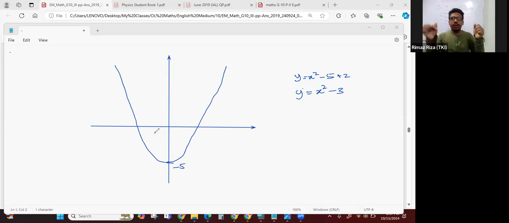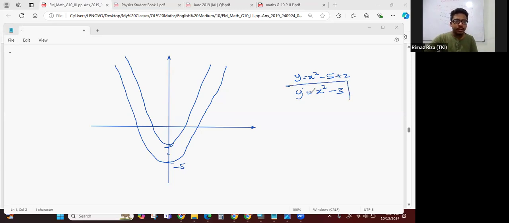If you shift this graph, you take all of this and move it up 2 units. Then the minimum moves to minus 3, and the graph is shifted upward by 2 units. Therefore you have to add plus 2, and the graph equation is y equals x squared minus 3.